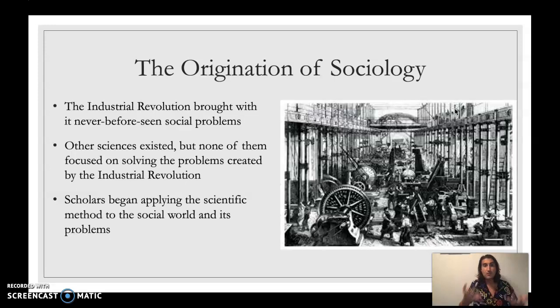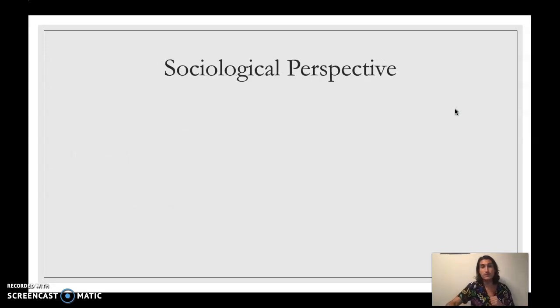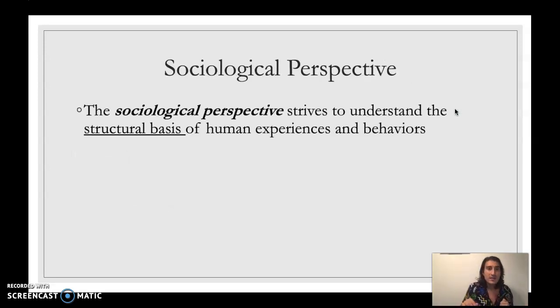And so for the majority of this presentation today, we're going to be talking about what these social structures are, what their purpose is in society, and then most importantly, how they relate and contribute to the specific focus of social problems.